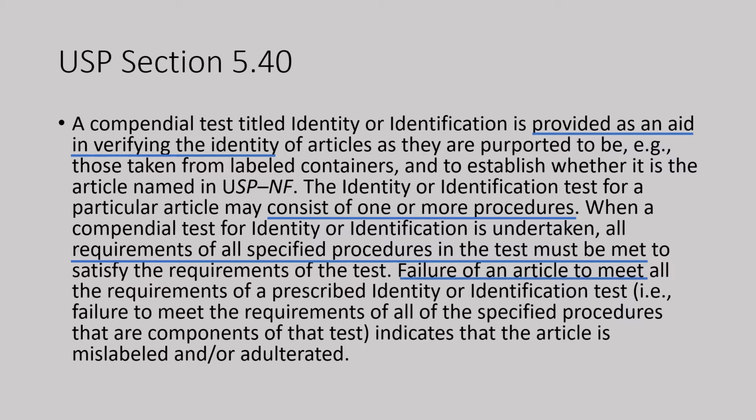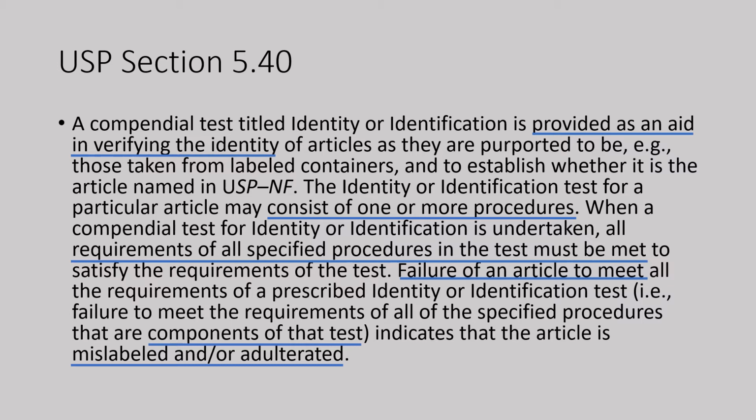Failure of an article to meet all the requirements of a prescribed identity or identification test, that is, failure to meet the requirements of all of the specified procedures that are components of the test, indicates that the article is mislabeled and or adulterated.